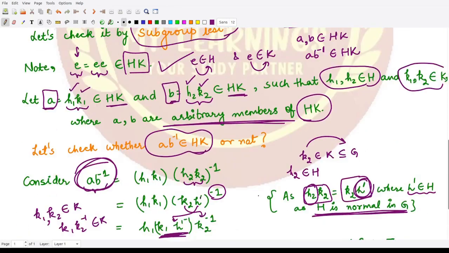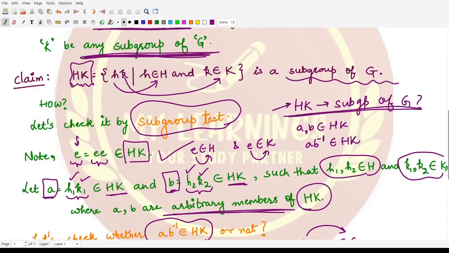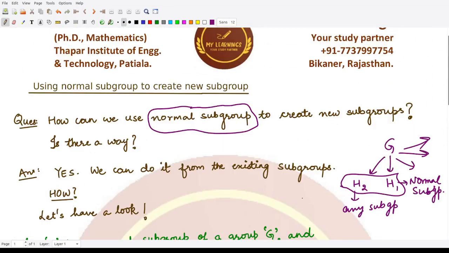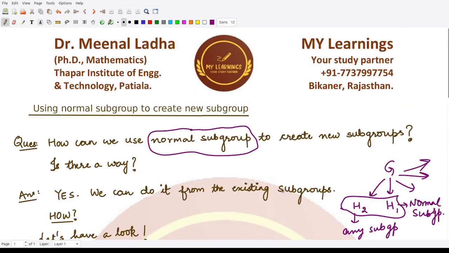Hence by the subgroup test, we can claim that this HK is a subgroup of G. And this is the procedure to create new subgroups using the normal subgroup.